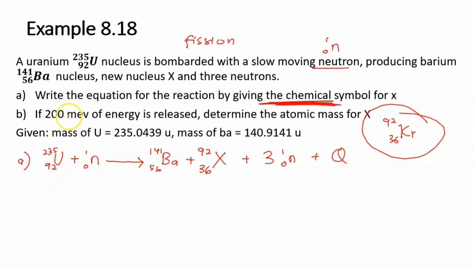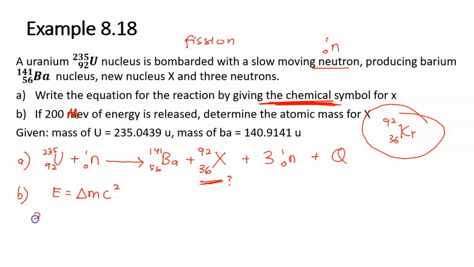Alright, now, question B. 200 mega, this is mega, not milli, mega electron volt of energy is released. Determine the atomic mass for X. So, kita nak tahu berapa mass untuk X ni. So, from the equation E equal to delta m c square, energy dia dah bagi.